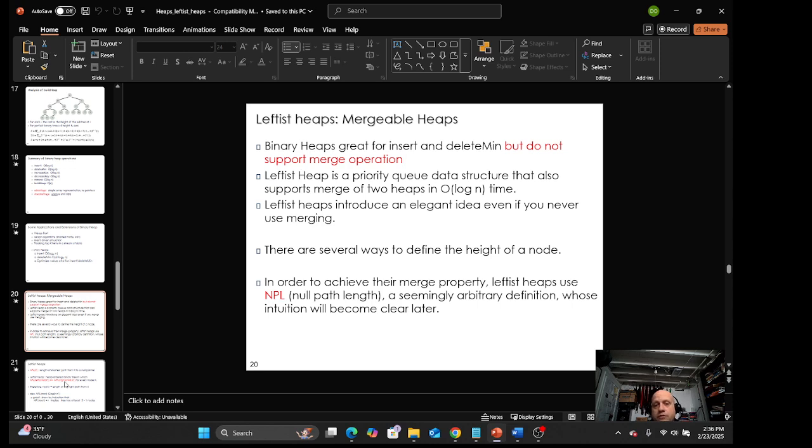Leftist heaps introduce an elegant idea, even if you've never used merging. There are several ways to define the height of a node in order to achieve the merge property. Leftist heaps use NPL, null path length, a seemingly arbitrary definition of which the intuition will become clear at a later point in time.